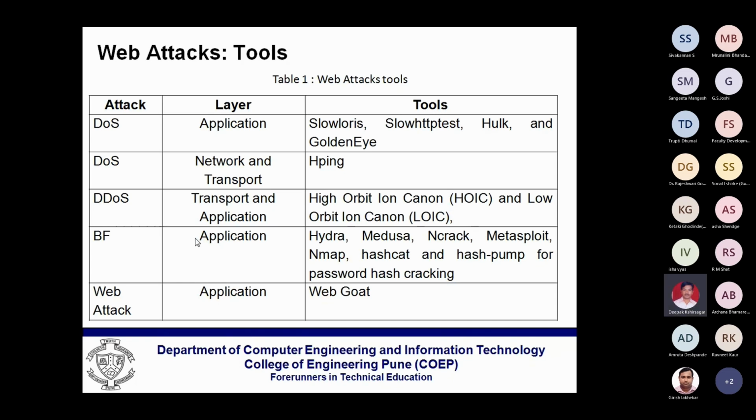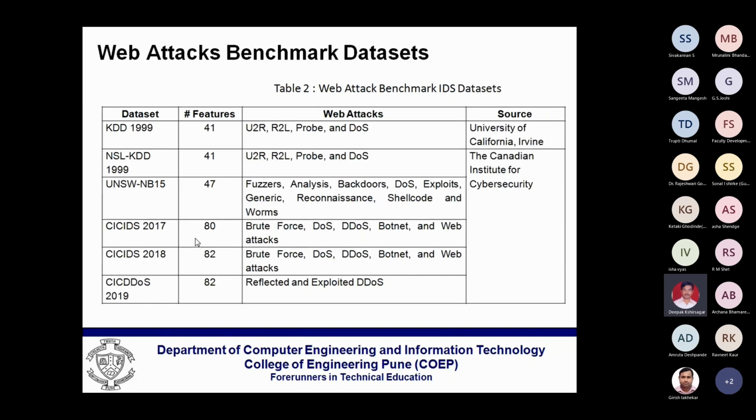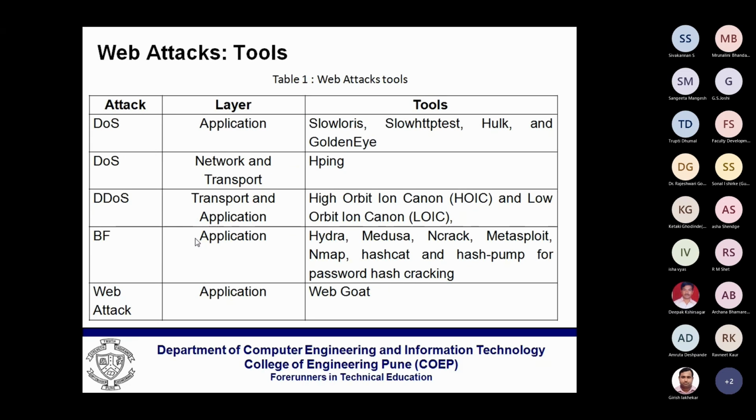Okay, so now what happens when we are trying to propose some intelligent intrusion detection system? What is the task of the researcher? Initially we have to go through all these tools and find out the actual behavior of the attack.